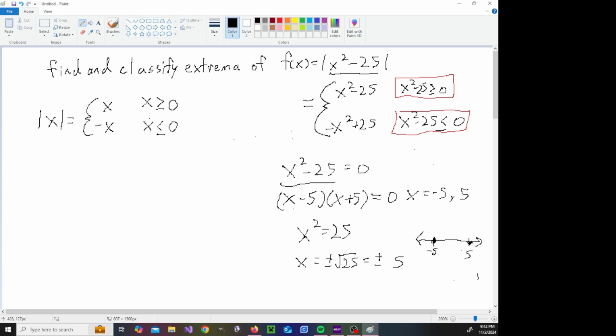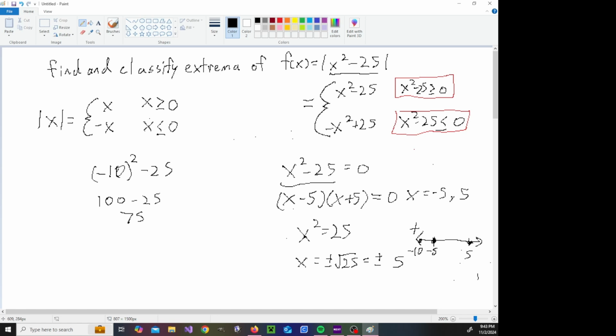So is x squared minus 25 negative or positive to the left of negative 5? Let's plug in something big to the left here, like negative 10. Negative 10 squared minus 25: a negative times a negative is a positive, and 10 times 10 is 100. So this is 100 minus 25, which is 75, which means my function is positive on this interval.